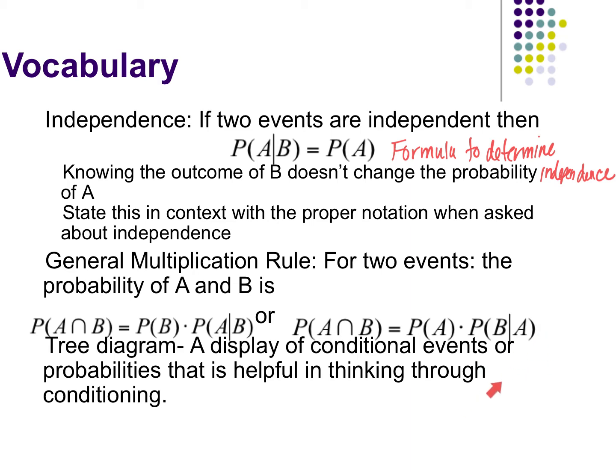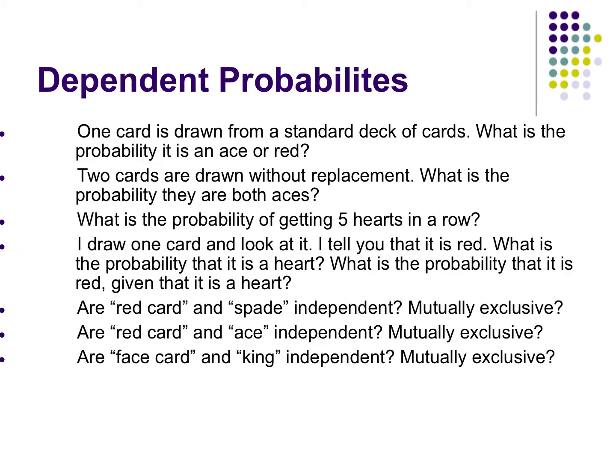And we're going to use a tree diagram to help with some of these conditional probabilities. Real quick, just in case, we have red cards, of course, I wrote red in black, and we have black cards, right?